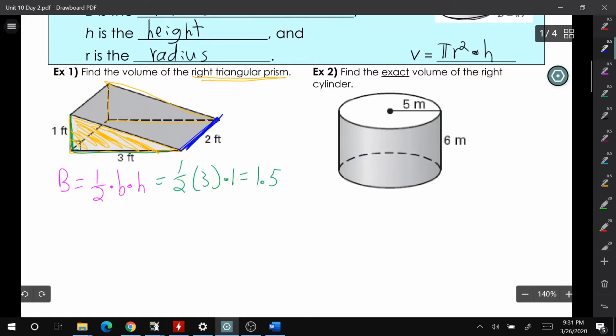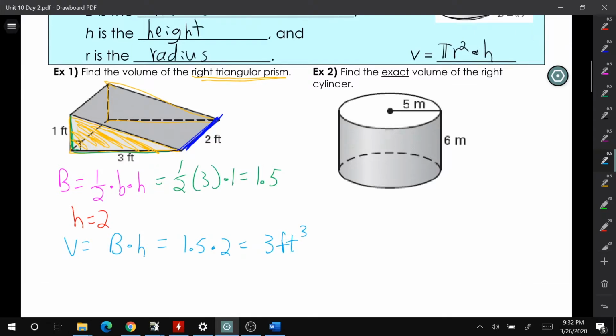The length that connects the two bases, that is our height. So then our height is 2, and that will make our volume big B times h. So that equals 1.5 times 2, which is 3 feet cubed, or 3 cubic feet. That is how we talk about volume. Our units are cubed.